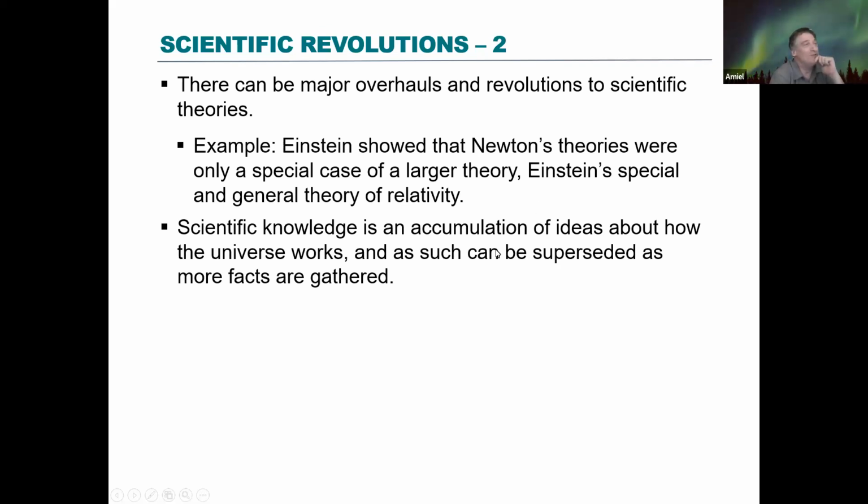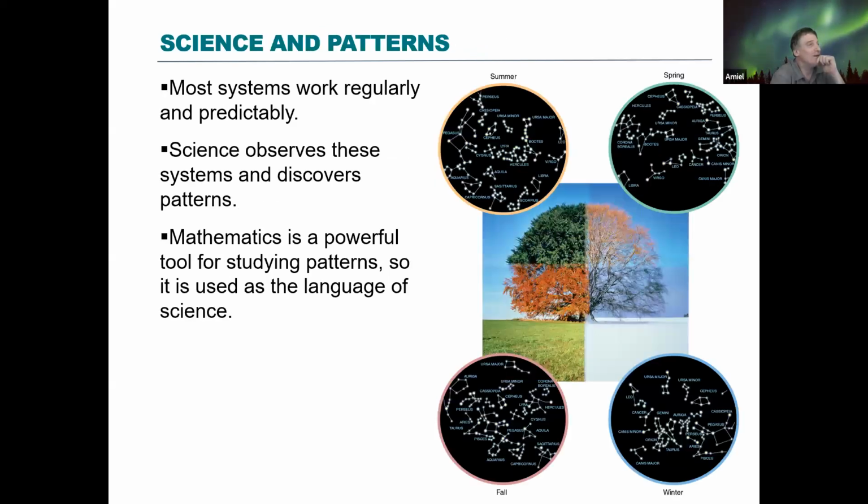We are continuously gathering facts, and hallelujah to that. Here are some patterns. You look at a tree and the 4 seasons, winter, spring, summer, and fall. And you look up in the sky and you see different constellations present during the seasons.